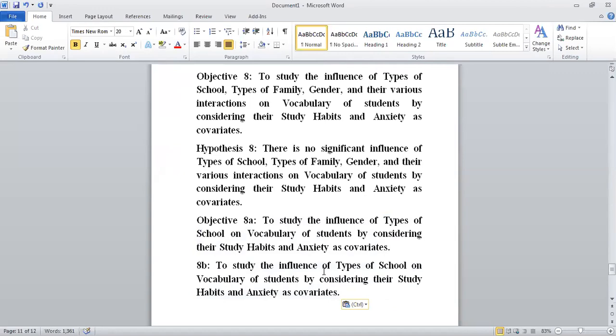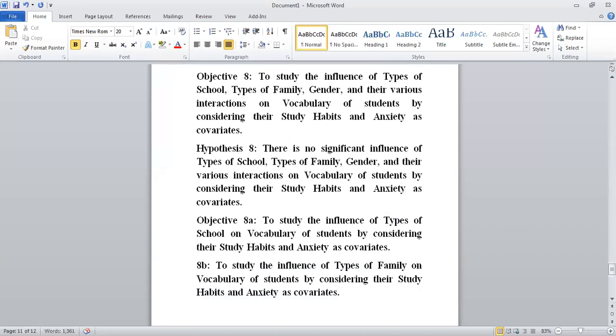Is to study the influence of the types of family on vocabulary of students by considering their study habits and anxiety as covariates.